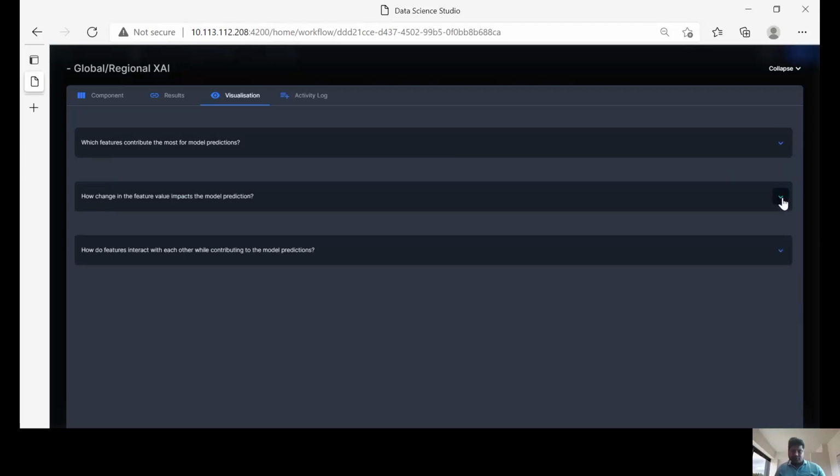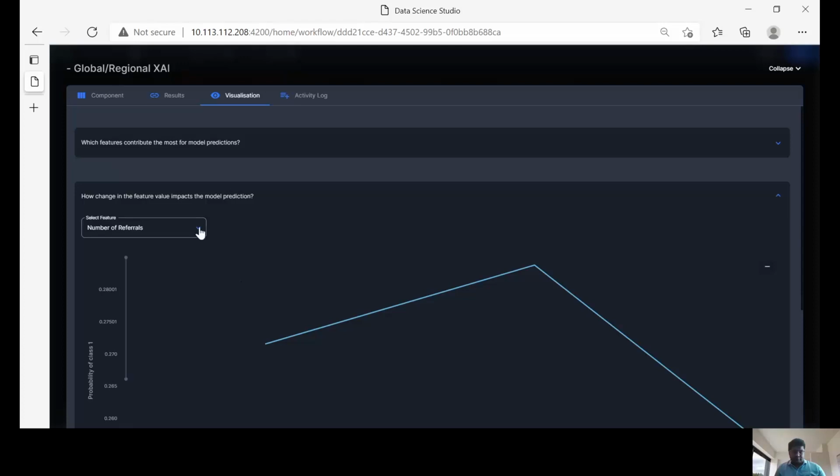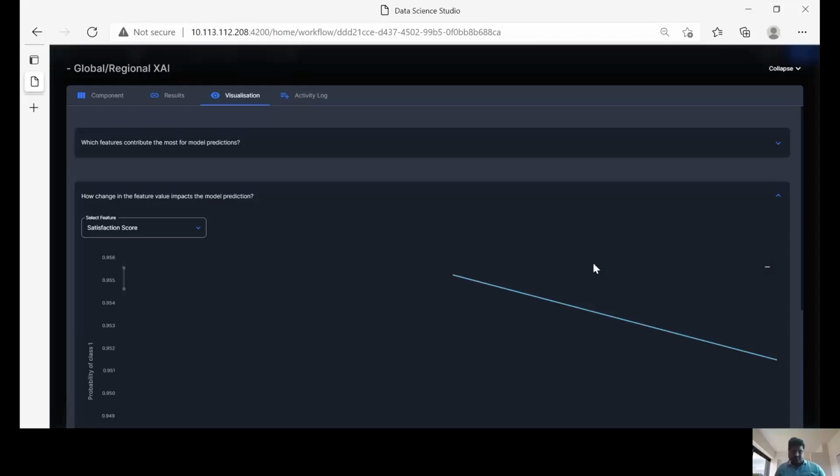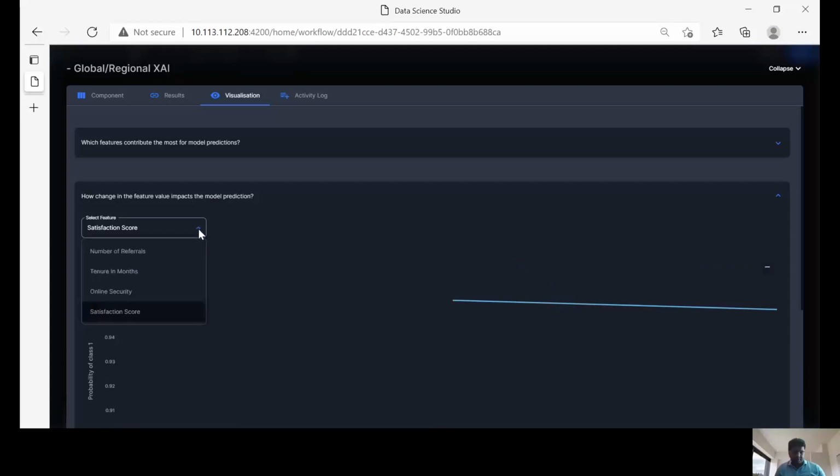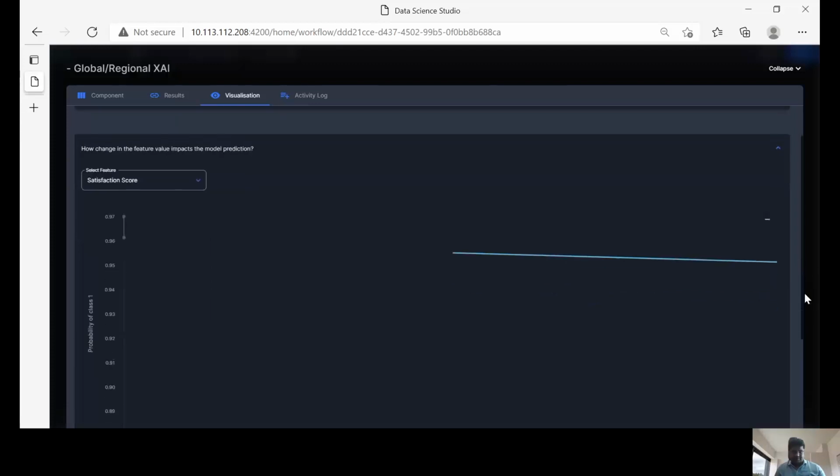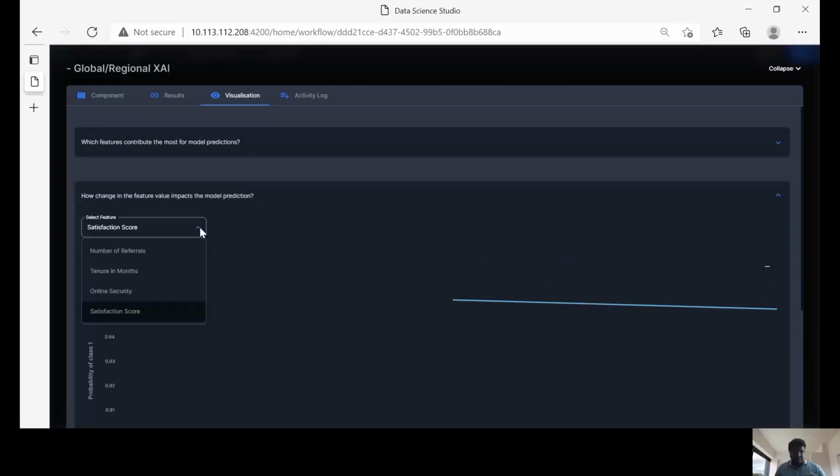We can also look into this: when we know that, say, satisfaction score is an important variable for the churn prediction, we can try to understand how that behavior is. So, for example, we can see the lower the score, the higher the likelihood of churning, and the higher the score, that means the happier the customer is, the less likely they are to churn. It's kind of obvious.